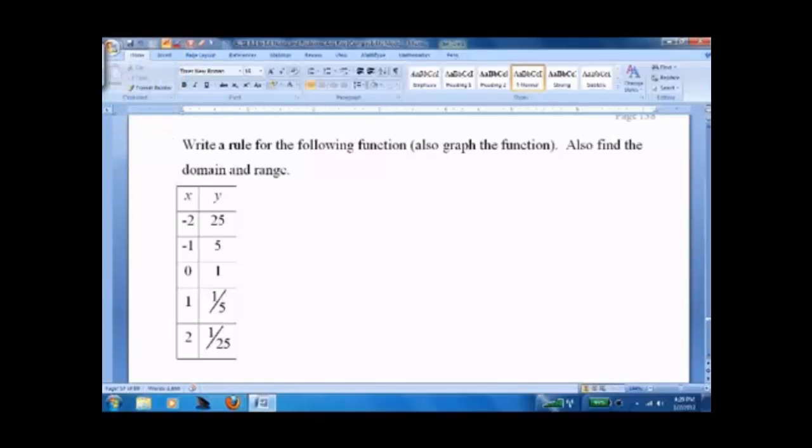Now back to how to draw the function. A times b to the x. We found the b value by saying what's being multiplied here. Since it's going down, we could say it's being divided by 5. We want to multiply, so it's like times 1/5. So b equals 1/5.